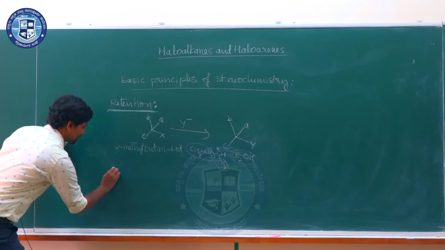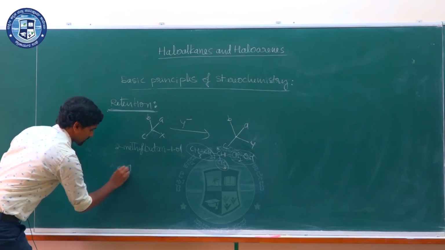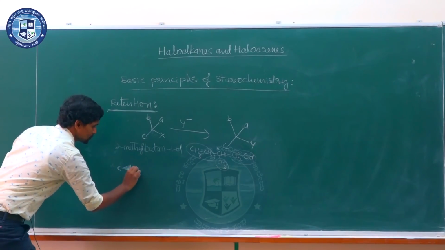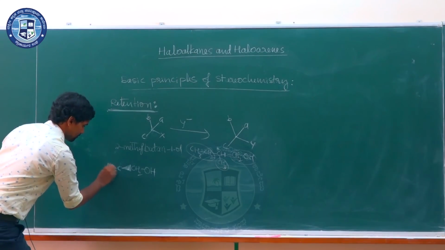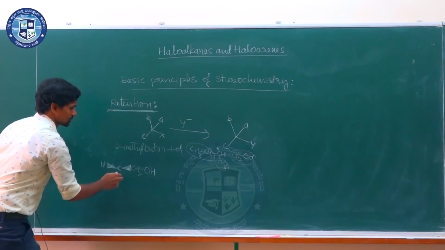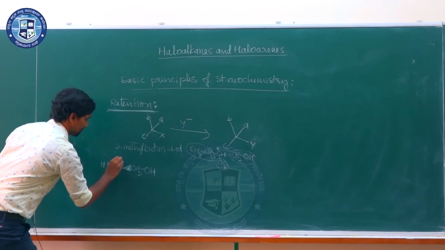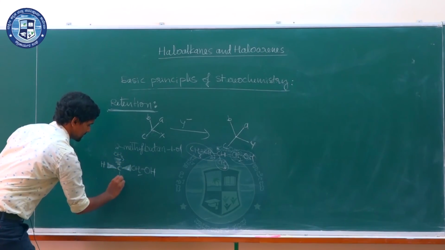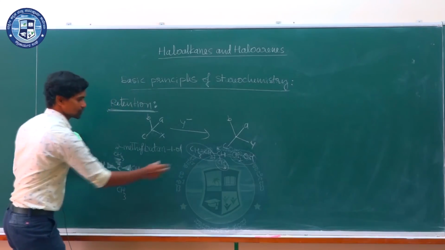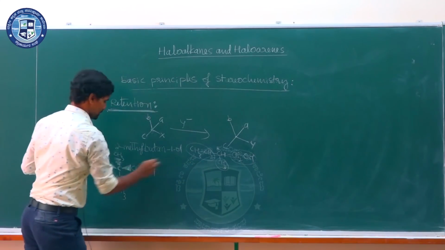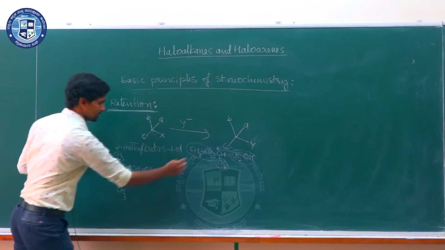So, with respect to that carbon, let us write the configuration: CH2OH, H, and here CH3, here CH2CH3. You can see CH2OH group and here H; here I have written the CH3 group away from the observer, and this CH2CH3 here.